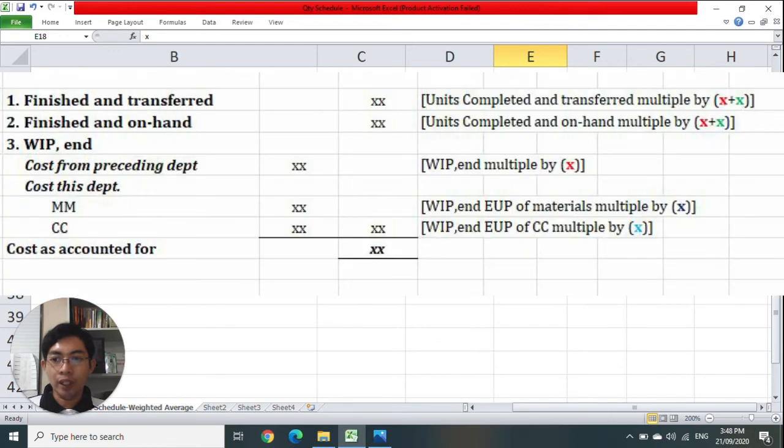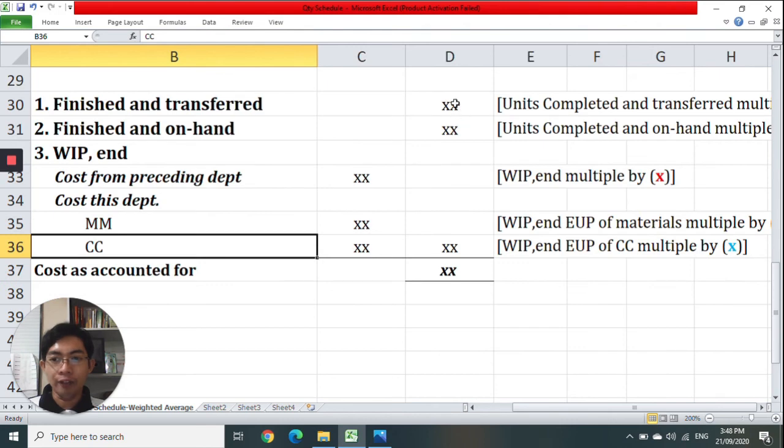To get our WIP ending material, we multiply the WIP ending equivalent units of production in materials by the unit cost of material labeled as color dark blue in the problem. For the conversion cost this department, to get the cost, you need to multiply the WIP ending equivalent units of production conversion cost by the unit cost labeled as sky blue.